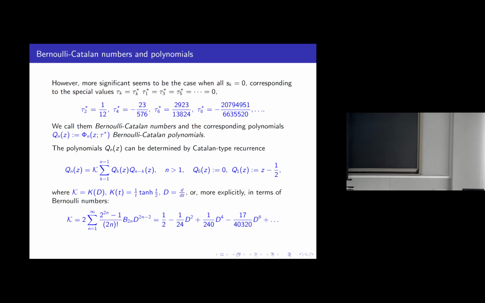It's like Painlevé I: the second derivative is u squared plus x, right? But you can, in principle, consider what is Painlevé II, or what is cubic, for example. One can consider a delay version of other Painlevé equations. This equation is what we were mostly interested in, and this is quadratic, like the first Painlevé, and all the relations are of Catalan type.